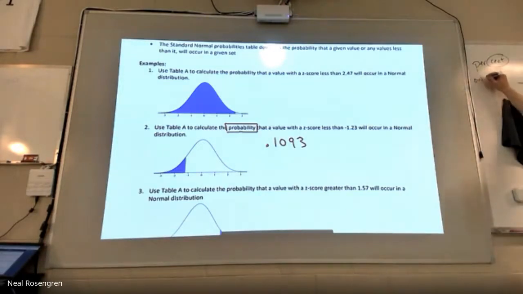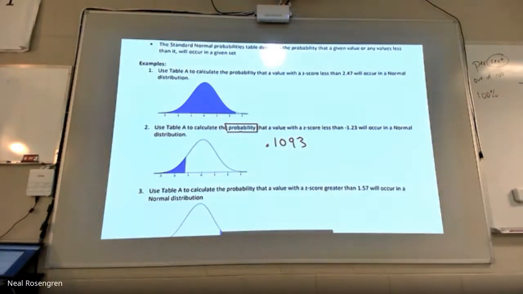So when I say percent, I really mean out of 100. Okay? And so when I say 100%, I mean everything, right? That's 100 out of the 100. 100 divided by 100. These numbers are the same.